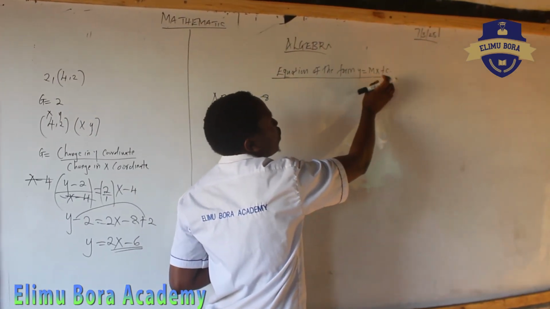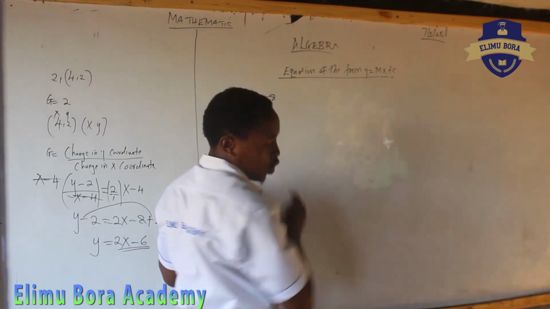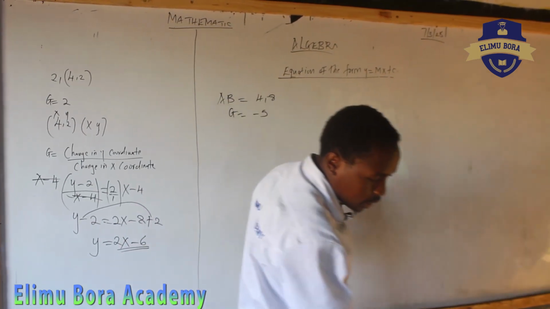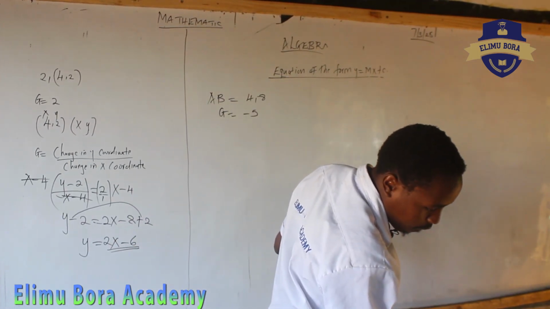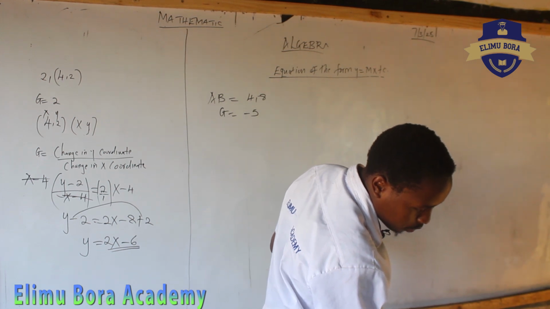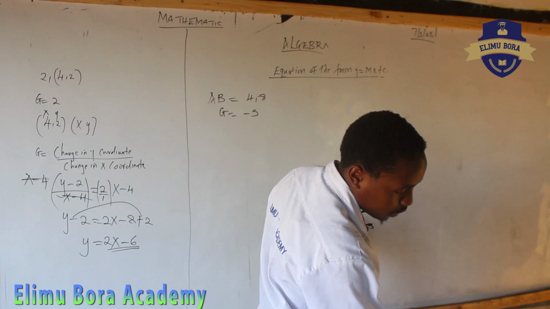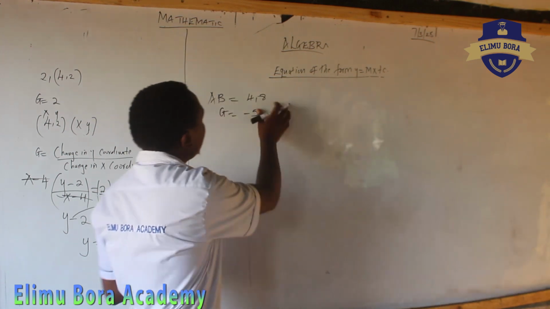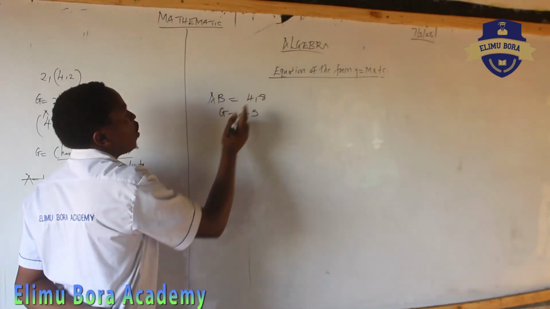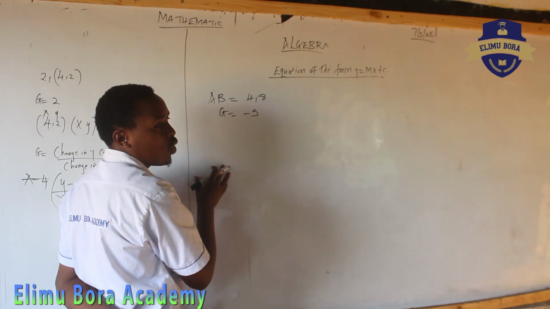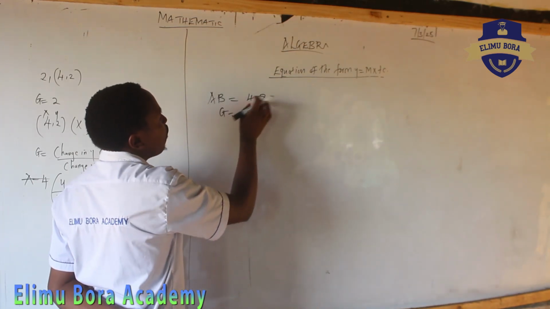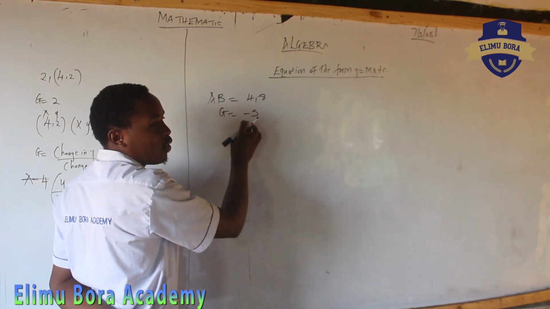So let's see what is going to happen under this equation. Determine the equation of the line. Let's determine with this one first. So already we know how to look for the equation, isn't it? Already here you have 4 and the gradient is what?